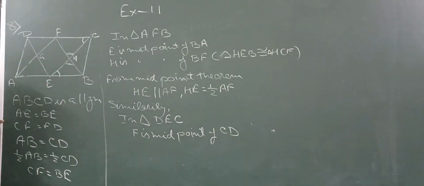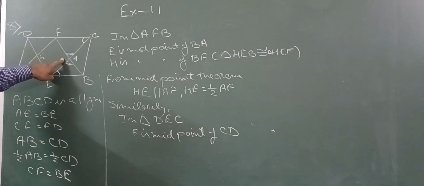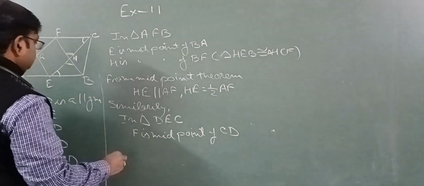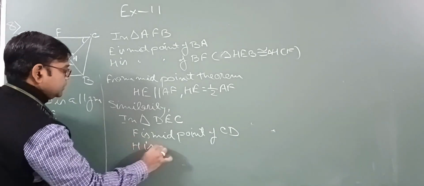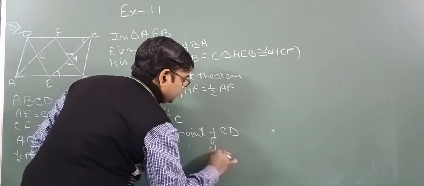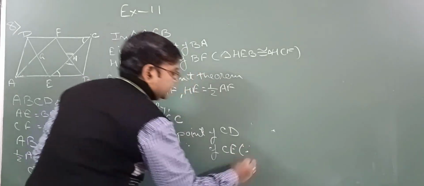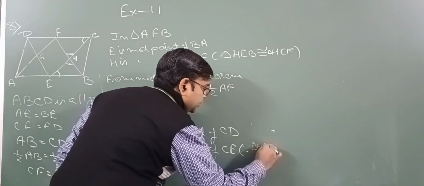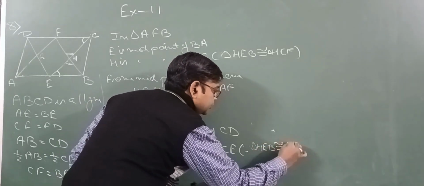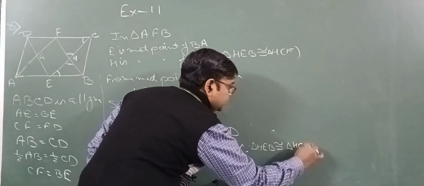F is the midpoint of CD, so CF equals FD, and again from that congruent triangle you can say that H is the midpoint of CE, because triangle HEB is congruent to triangle HCF.